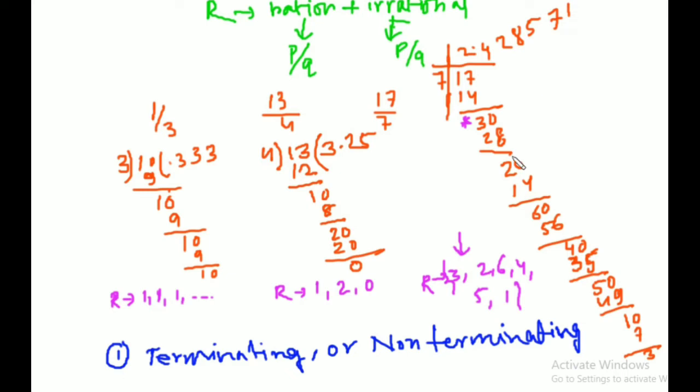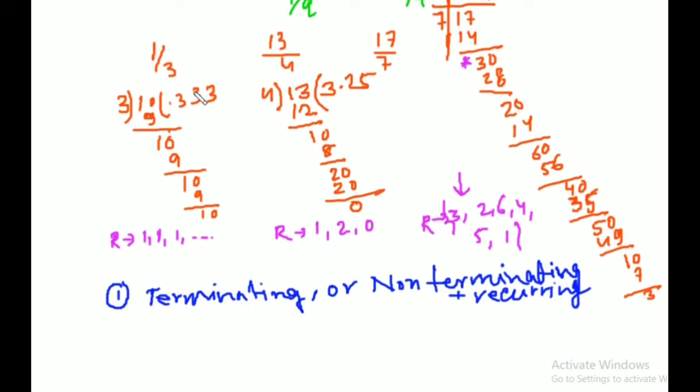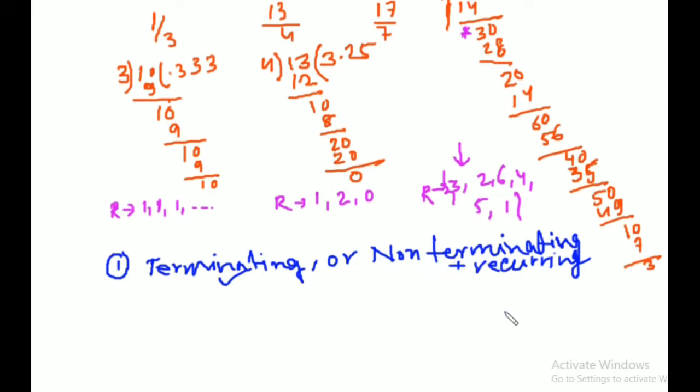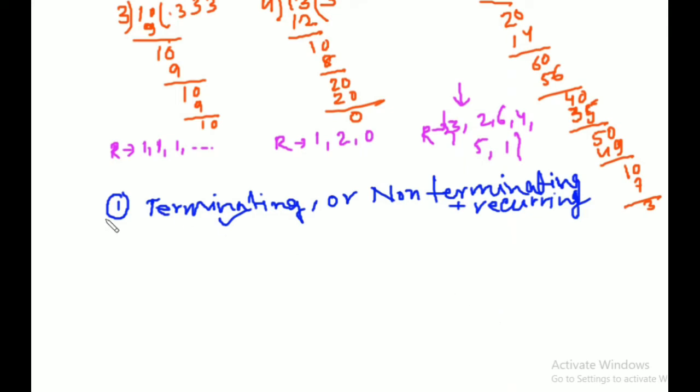So it is non-terminating, but also recurring, because this string of remainders repeats again and again. So either the decimal expansion will be terminating, or non-terminating recurring. This is what we see in the first observation.